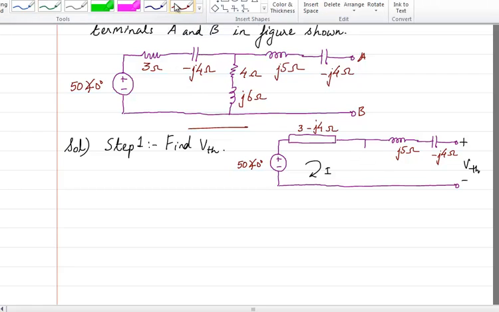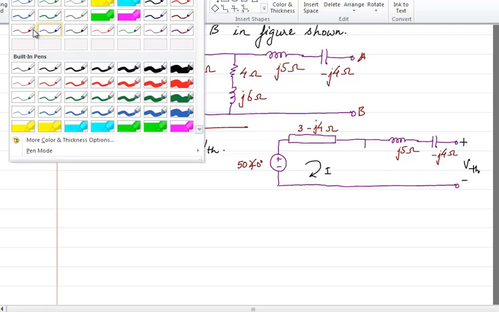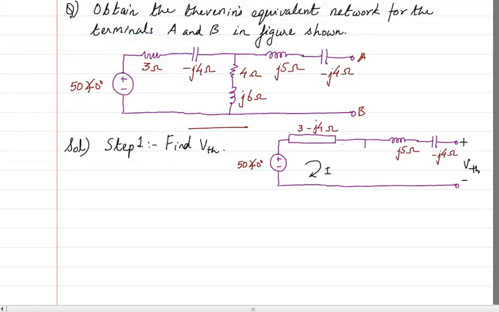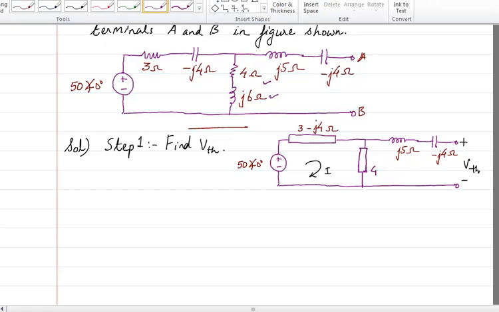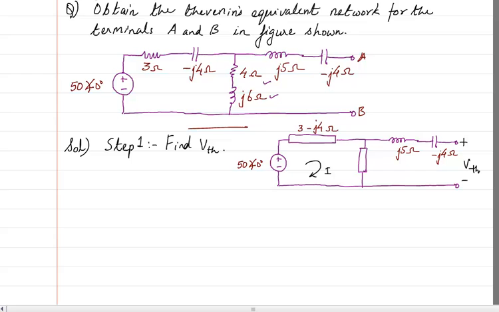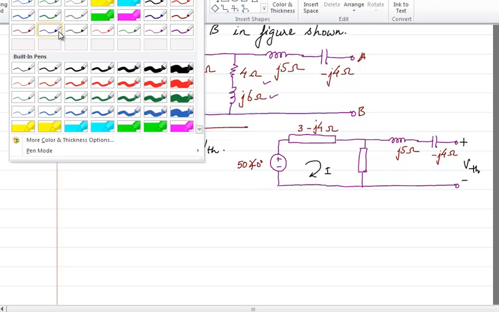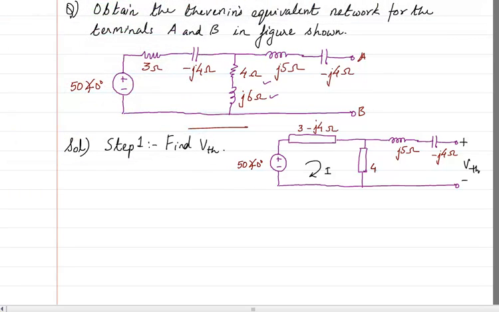Let me draw that in the shape of a rectangular box, and write it as 4 plus J6 ohms.